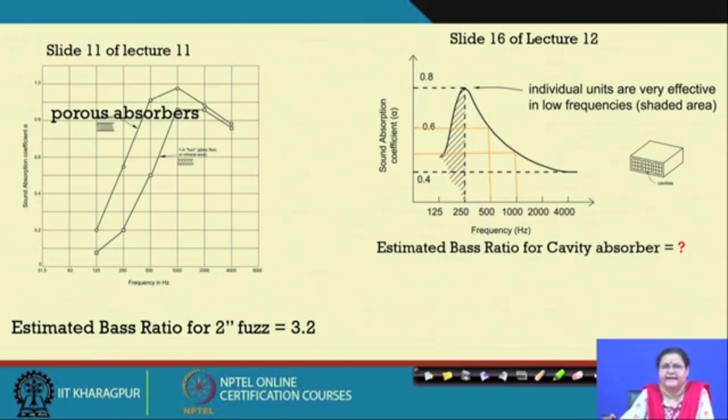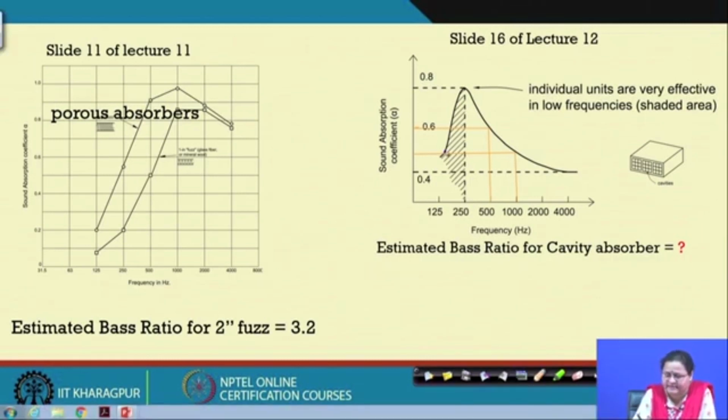It was an example of cavity absorber, how the absorption is taking place. Here again if you see, you will see that at 125 hertz frequency, the value is around 0.48.